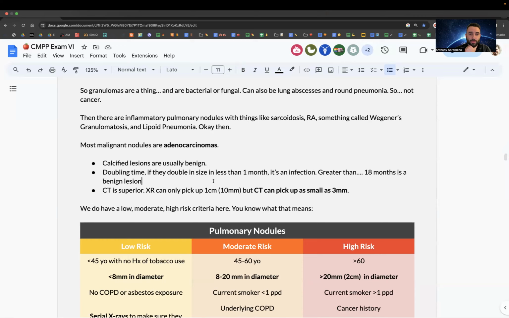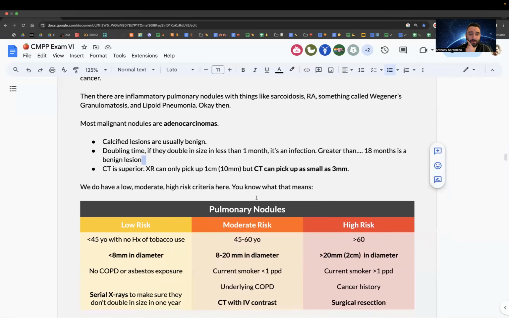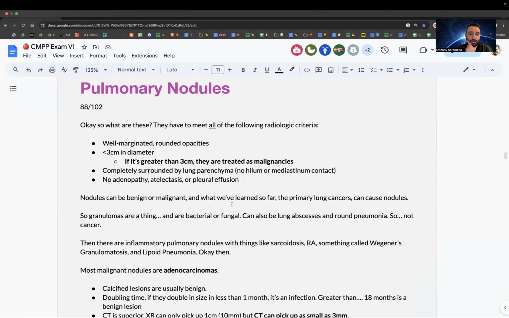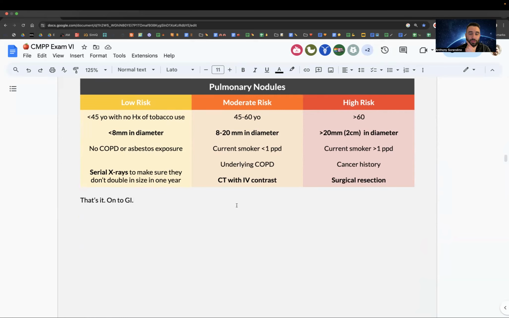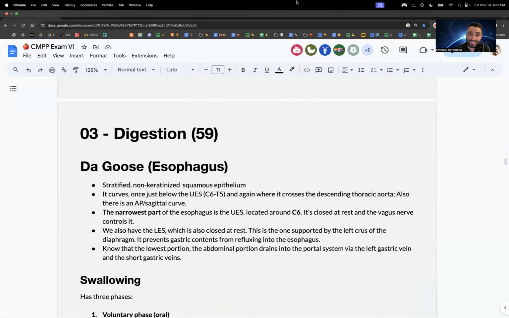If they double in size in less than a month, it's an infection. If it's greater than 18 months, it's benign, okay? CT can pick up as small as 3 millimeters. The nodules here, if it's greater than 2 centimeters in diameter, they're going to be high risk. Basically, if it's smaller than that, it's low risk. If they're a smoker and have cancer history and they're over 60, they're going to be at a high risk for pulmonary nodules. All right, that's it.